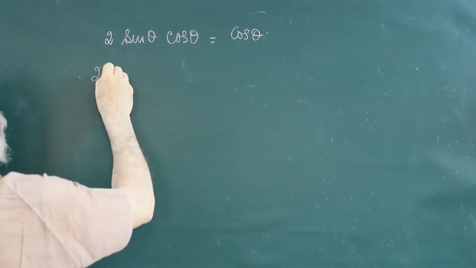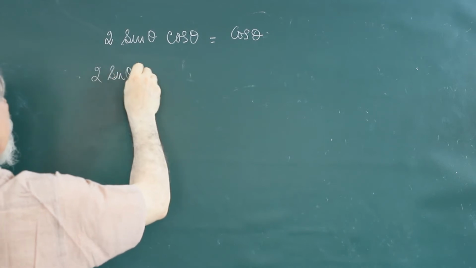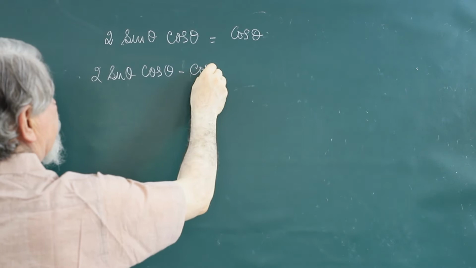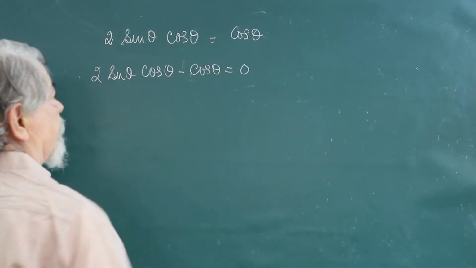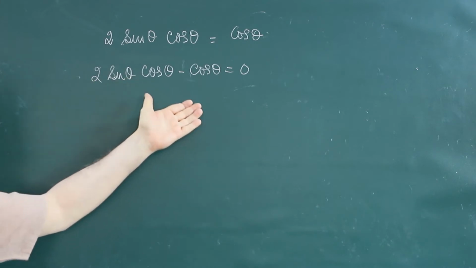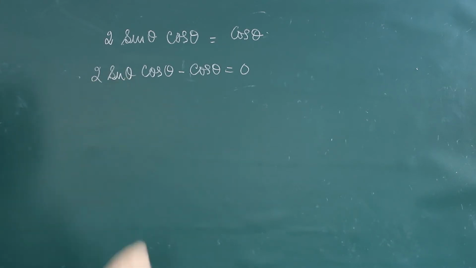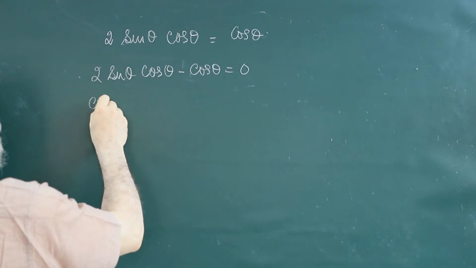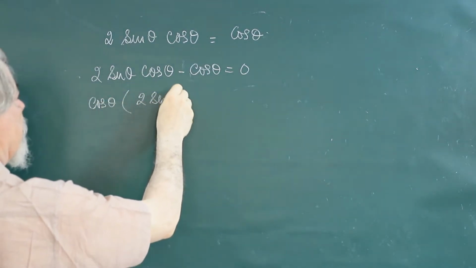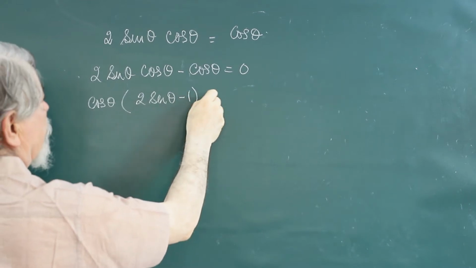I'll write 2 sine theta cos theta minus cos theta is equal to 0. Now I can clearly see that I can take out cos theta common. So it will remain 2 sine theta minus 1 is equal to 0.